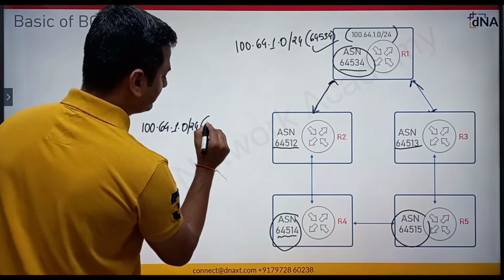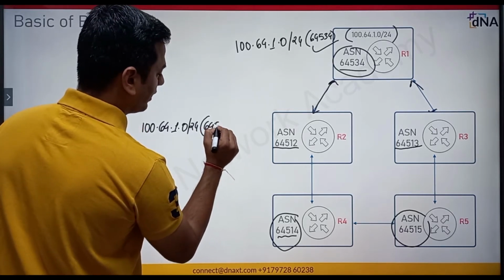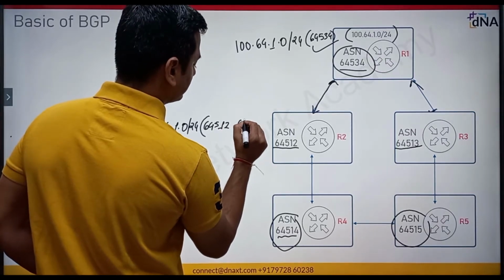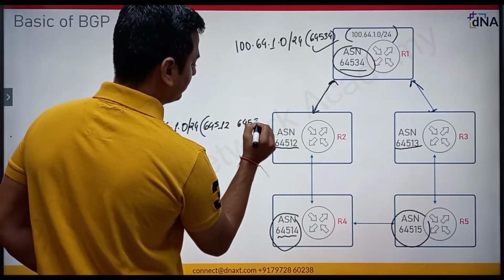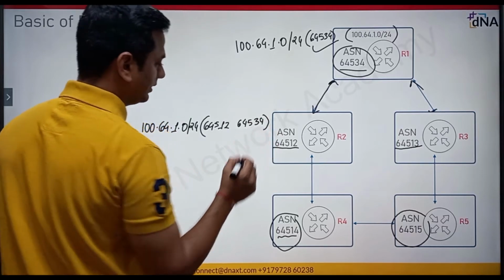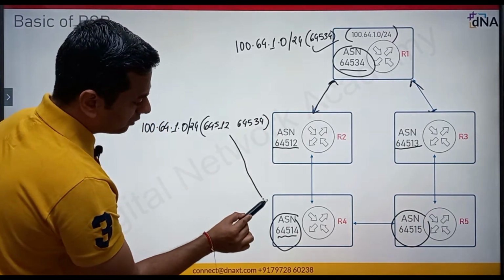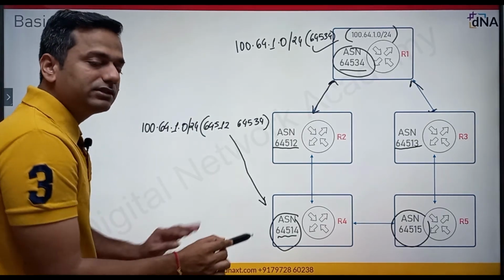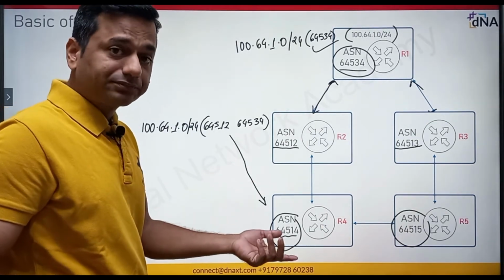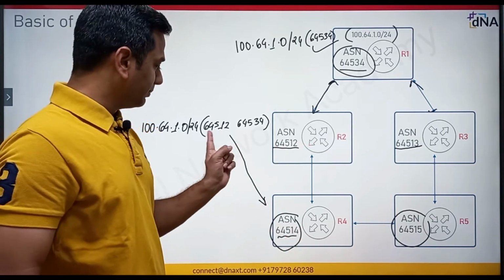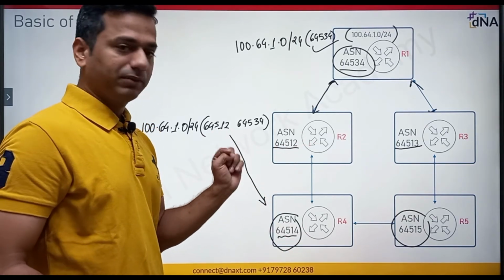So it will add its AS 64512 and a space, then 64534. When this R2 advertises routes to its neighbor R4, which is in the other AS number, it will prepend its AS number.